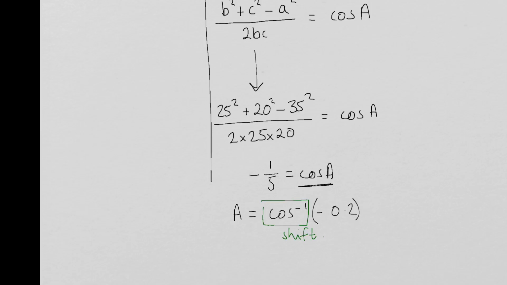So you're going to get that the angle A turns out to be an obtuse angle, 101.5369 and so on. So to one decimal place, I would say 101.5.